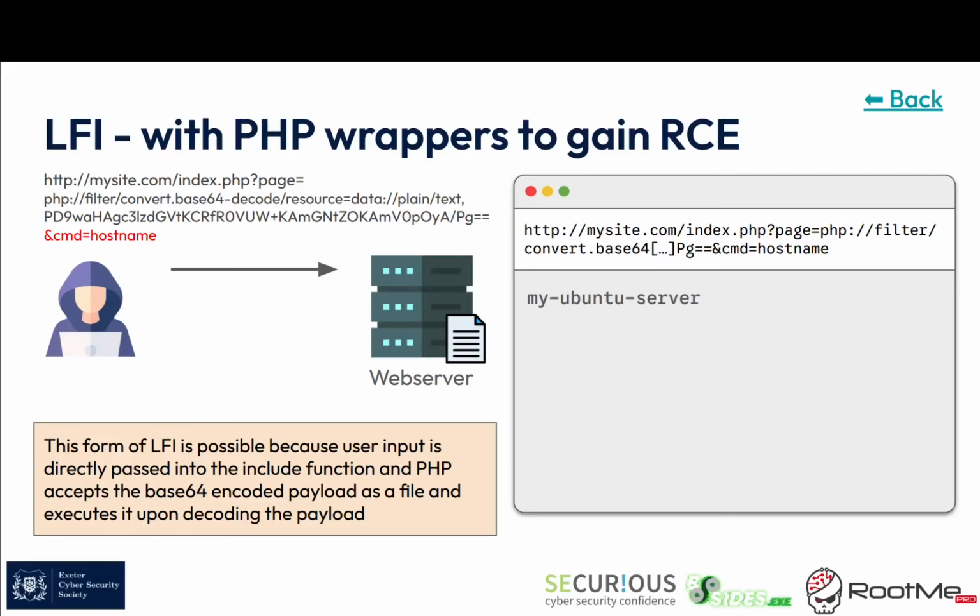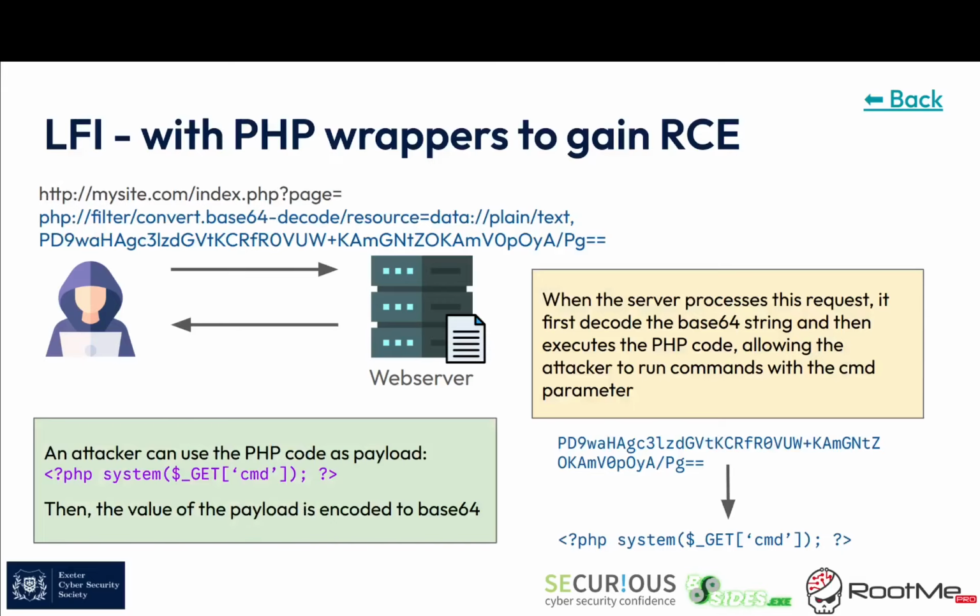And essentially this is what happens. I send that payload, the web server gets the base64 string, decodes it, and what it reads is the payload that was shown earlier, which is the system GET command.